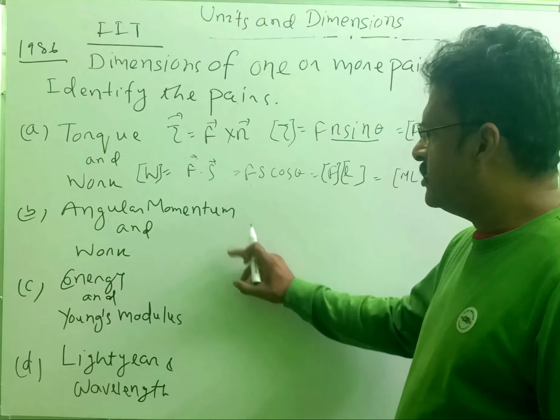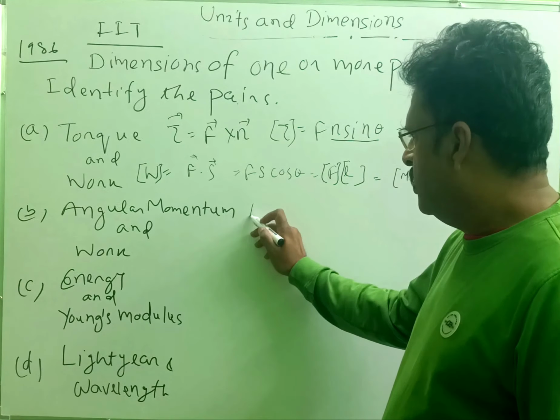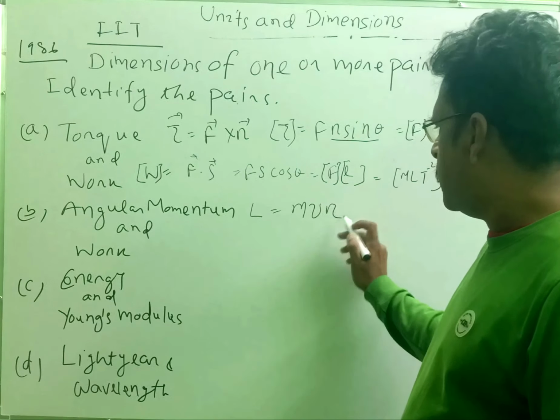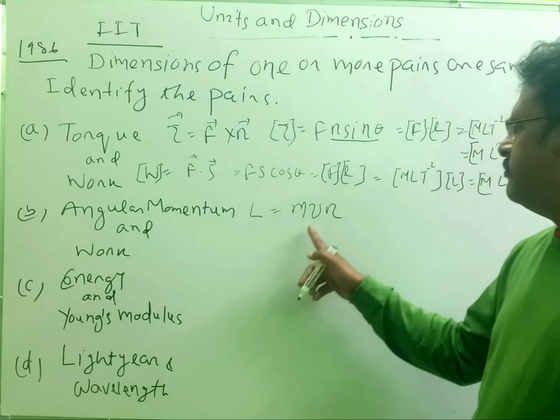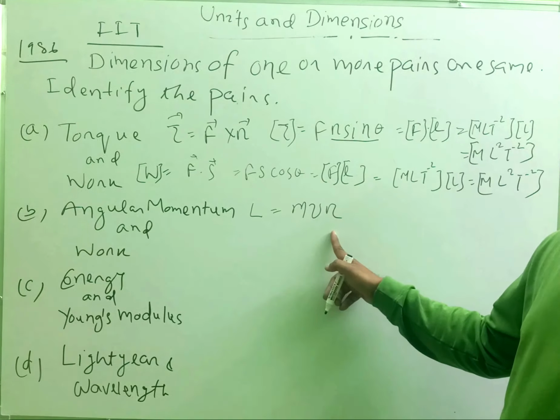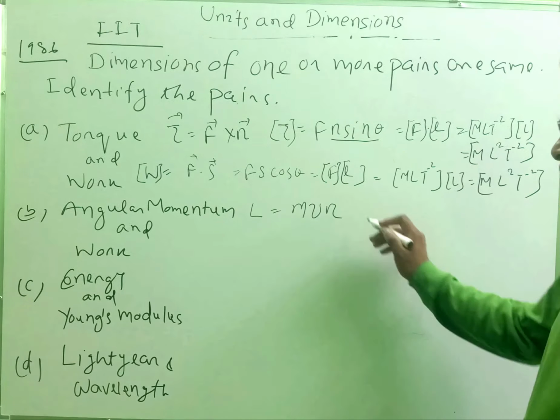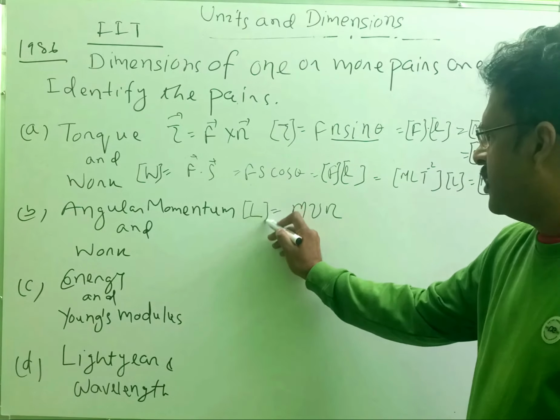Let us see what is the dimensional formula of angular momentum. It is denoted by L, student, and the formula is mvr, where m is the mass of the body, v is its velocity, and r is the radius of the circle in which it is executing circular motion. Then what will be the dimensions of angular momentum L?